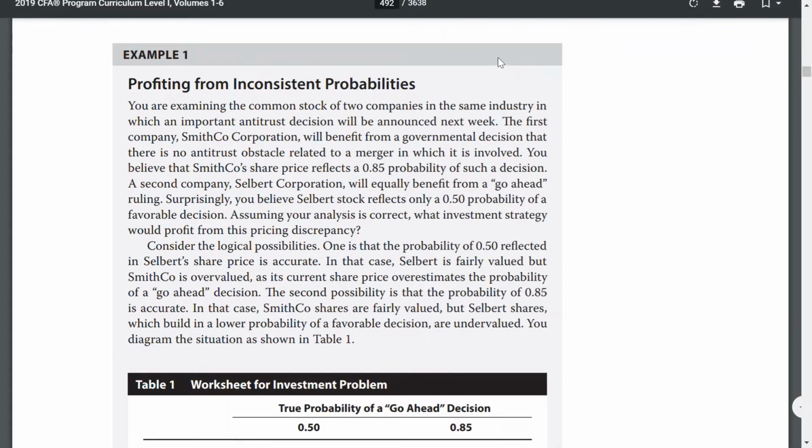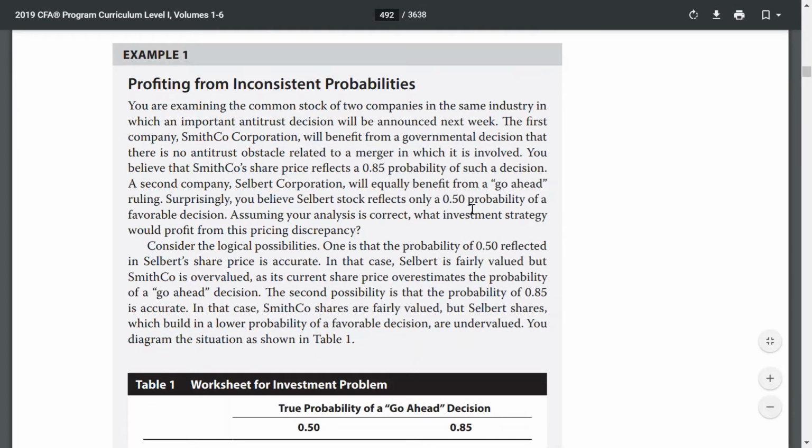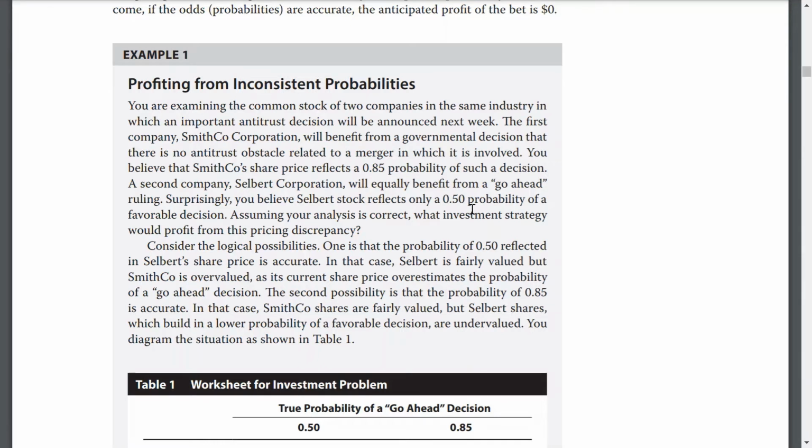Example 1, profiting from inconsistent probabilities. You are examining the common stock of two companies in the same industry in which an important antitrust decision will be announced next week. The first company, Smithco Corporation, will benefit from a government decision that there are no antitrust obstacles related to a merger in which it is involved.